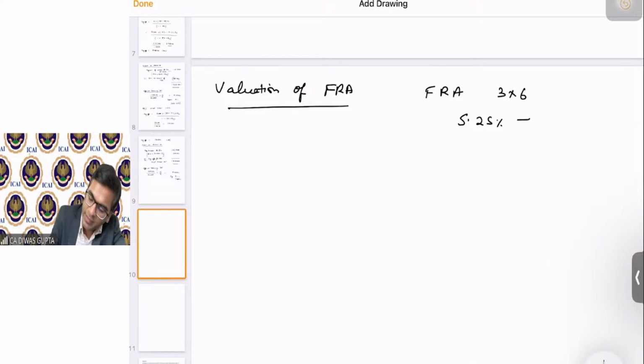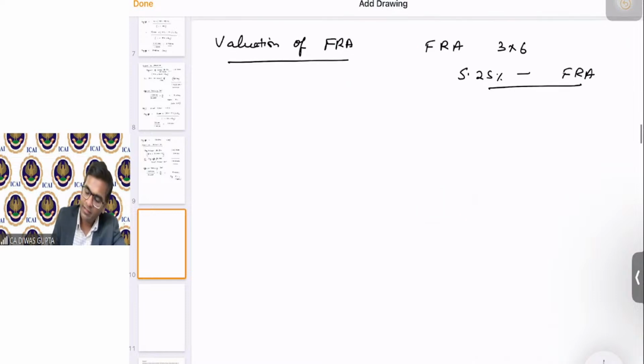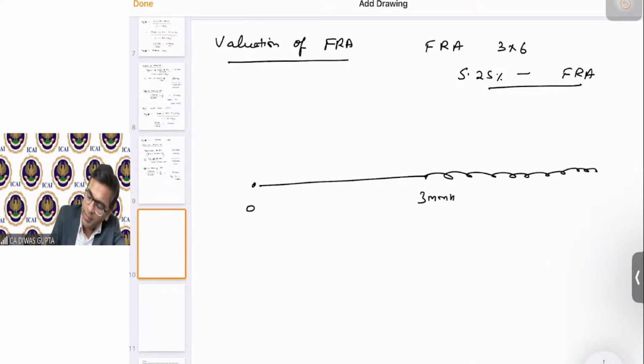Now 3 by 6 FRA will mean what? 0, 3 months, and the actual loan will be there till 6 months, right? From third month to 6 month duration is 3 months.